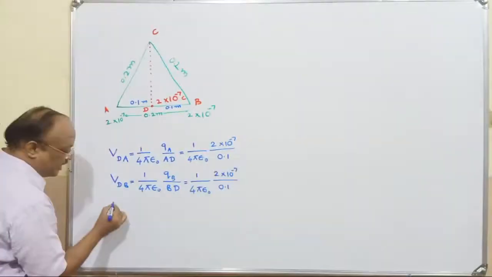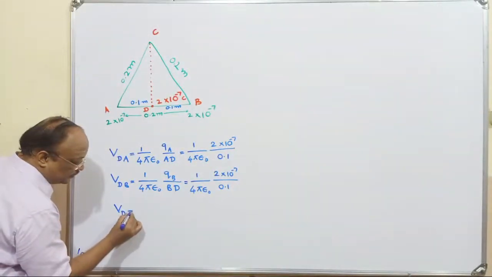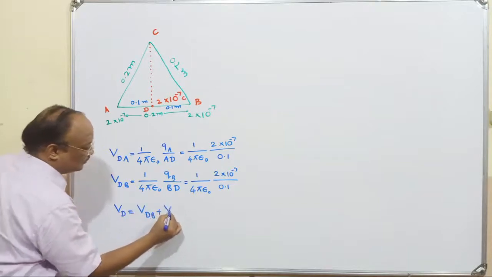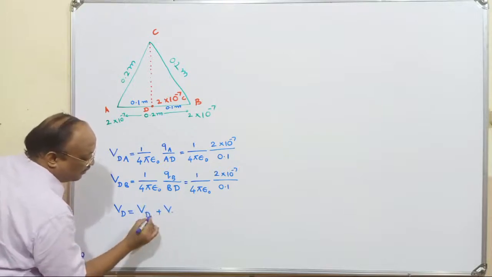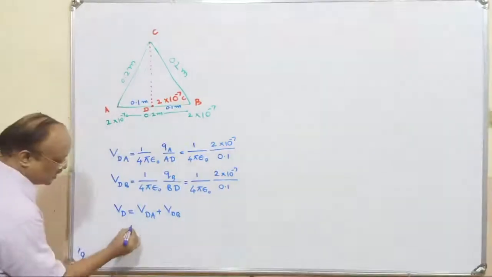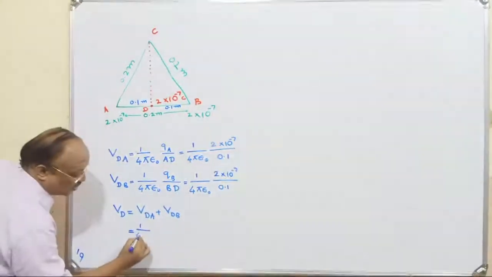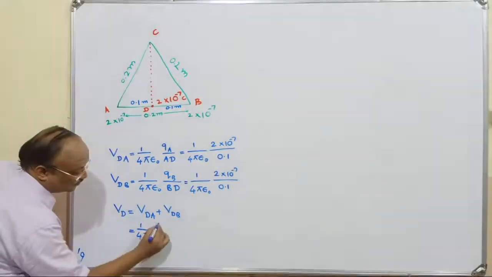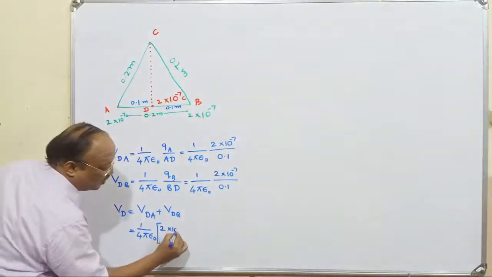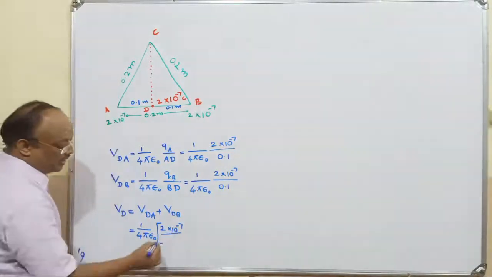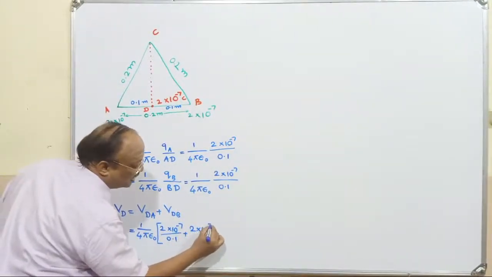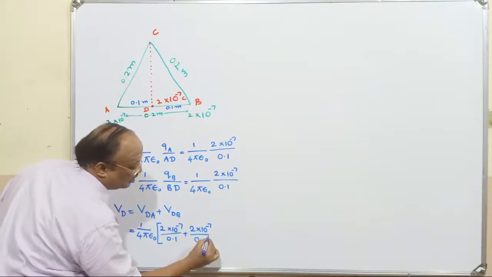So potential at D is equal to VDB plus VDA. This is equal to, I will take 1 by 4 pi epsilon naught common. So it is 2 into 10 to the power of minus 7 by 0.1 plus 2 into 10 to the power of minus 7 by 0.1.